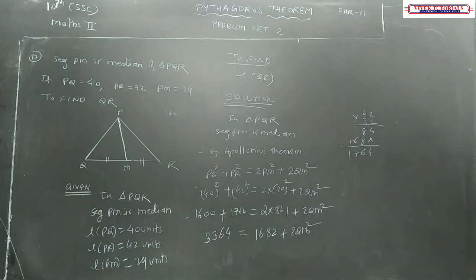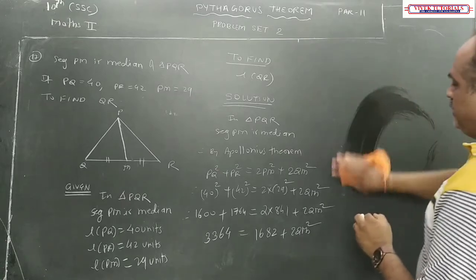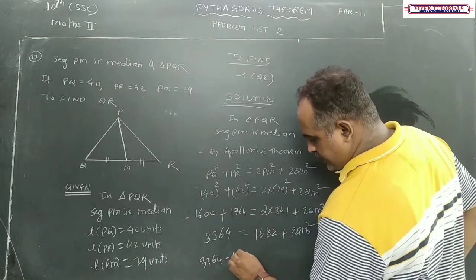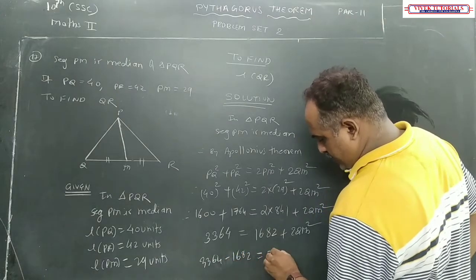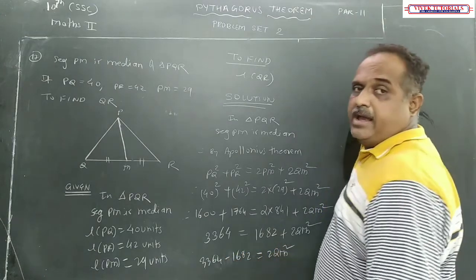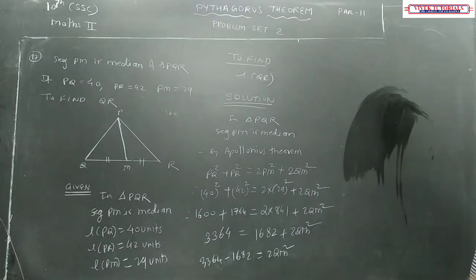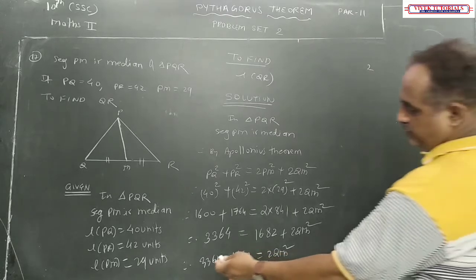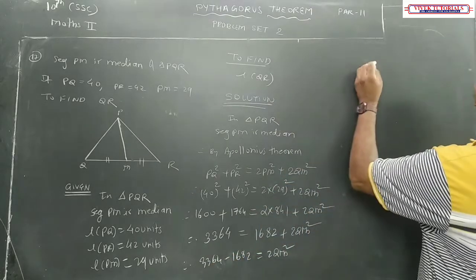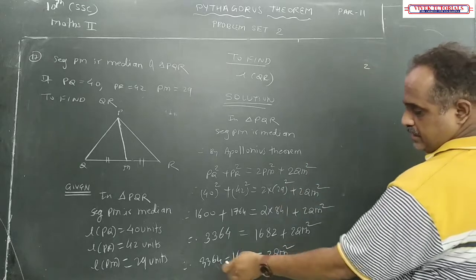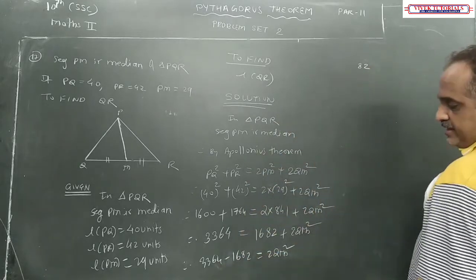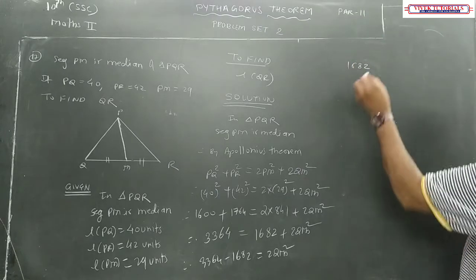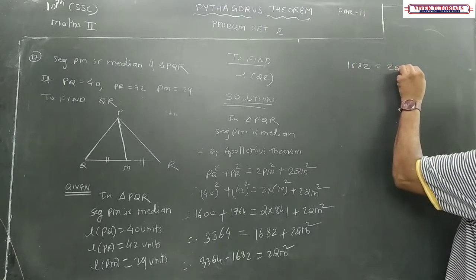Okay, so 3364 minus 1682 is equal to 2QM square. Okay, so if I subtract 3364 minus, I'm getting 2 16 minus 8 is 16, then 1 is equal to 2QM square.